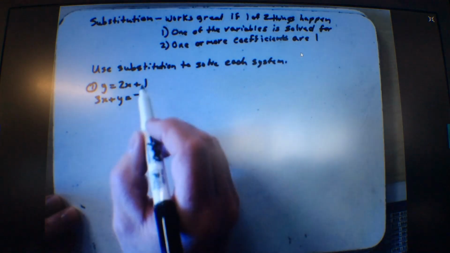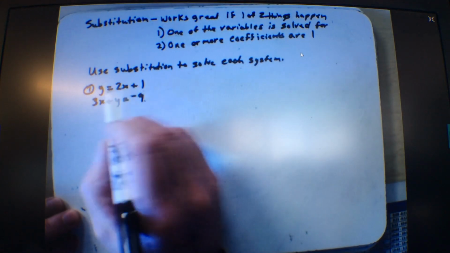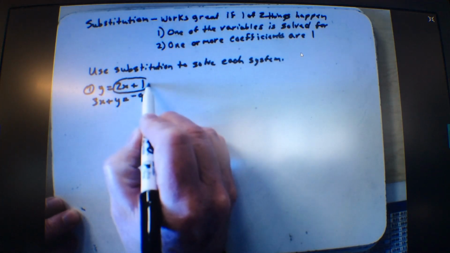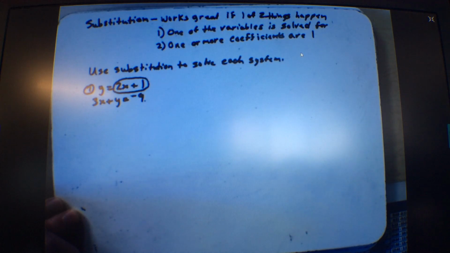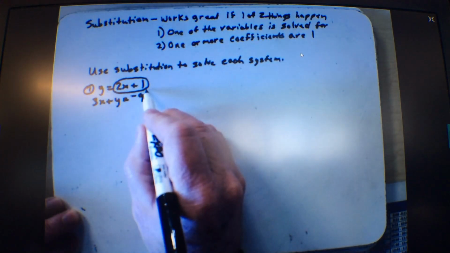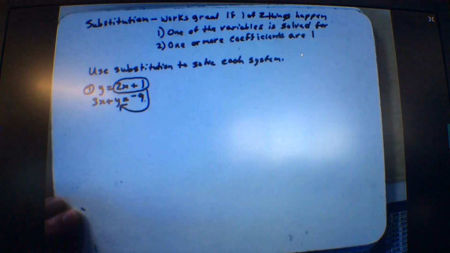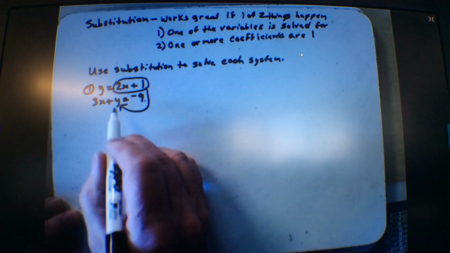Yep. All right, so we know that y equals this, so we're going to substitute. We're going to circle what y is equal to, and then I'm going to draw an arrow where it goes into. It goes in right there. How do I know it goes in there? In the other equation, because y equals that. So I'm going to substitute it in for the y.